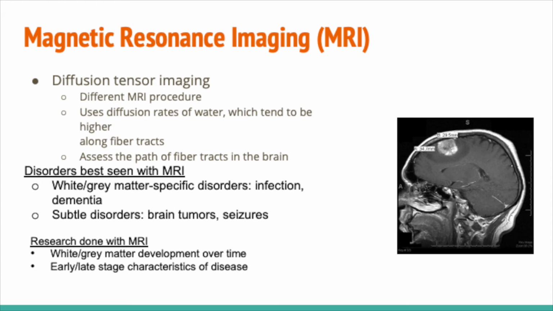More specifically, you can look at white and gray matter specific disorders like infection or dementia by using MRIs. Along with these, you can also look for more subtle disorders like brain tumors or seizures. Along with the clinical practices of MRI, you can also do research with MRI, like how white or gray matter develop over time and the early and late stage characteristics of a disease.